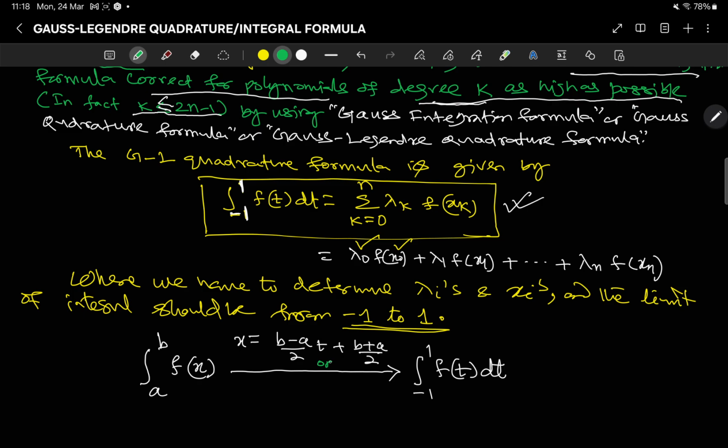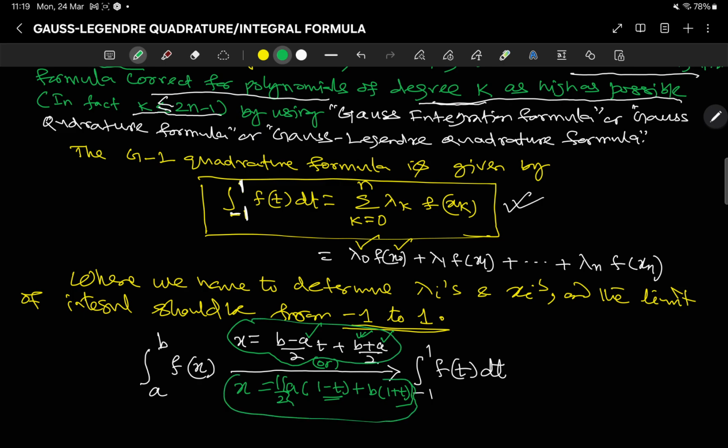Or if you simplify it, x is equal to a times (1 minus t) plus b times (1 plus t), whole divided by 2, or we can write it as half. You take common a, it is half (1 minus t). You take common b, it is half (1 plus t). So you may remember this or this, whatever you like.